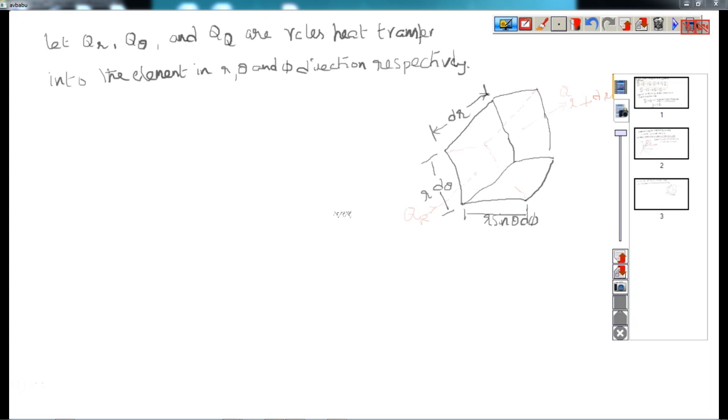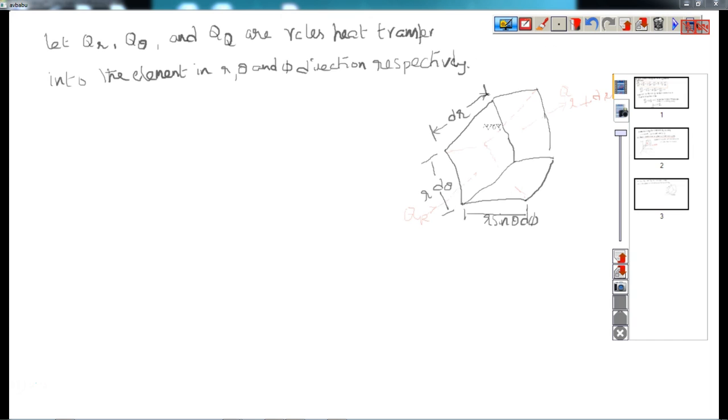Now r is over. Now theta, I'll talk about theta. In case of theta, this is the theta direction. This theta direction means that this is r d theta, and this is also r d theta. Right? So now it is entering in this direction.